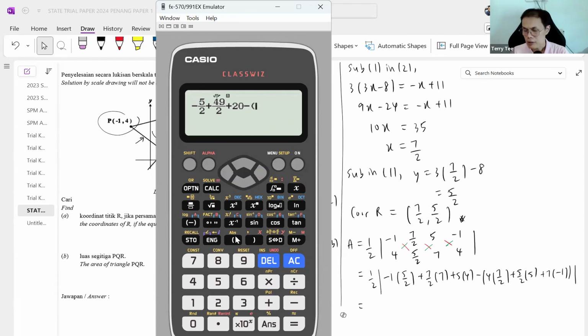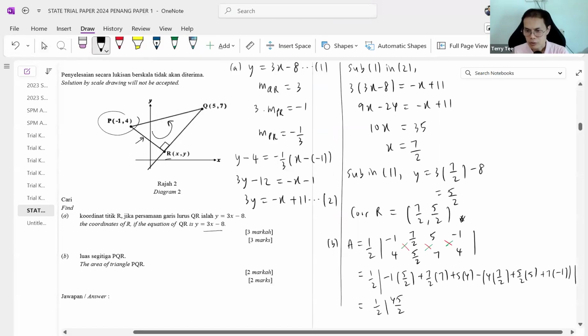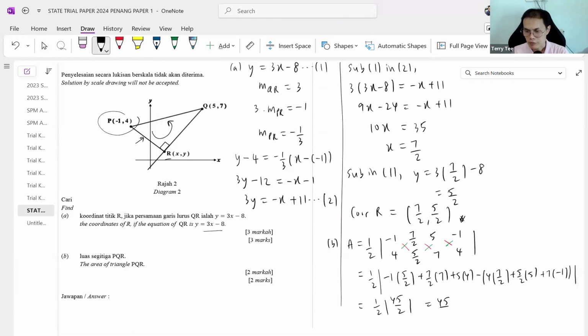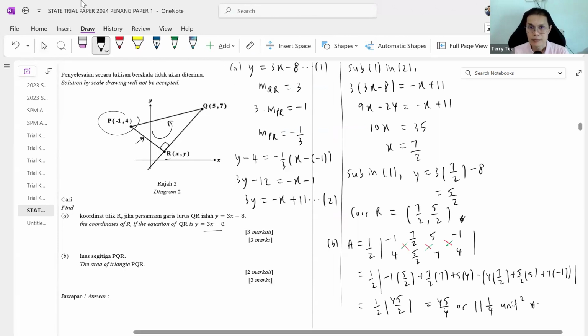Then you minus 7 times 4, which is 28. 28 divided by 2, I'll just write 14 here. And then 5 times 5, 25/2, followed by -7. Okay, so with that, I got 45/2. But remember, there's a half outside. So half times 45/2 is 45/4, or you can write it as 11 1/4 square units.